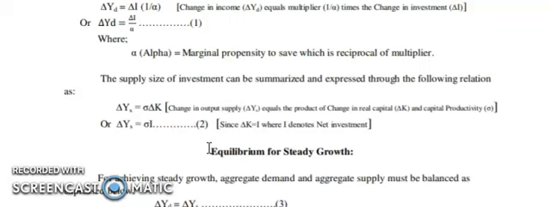It equals sigma into delta K, the product of change in real capital, delta K, and capital productivity, sigma. Or delta Ys equals sigma into I, where delta K equals I, the net investment. I denotes the net investment. We substitute I for delta K.